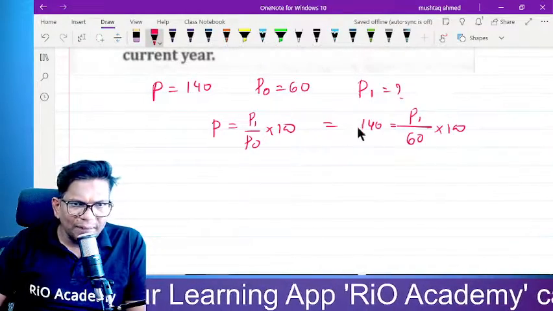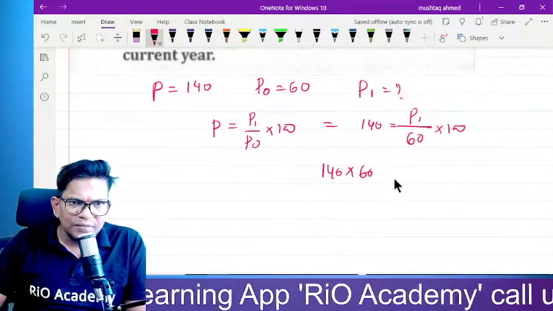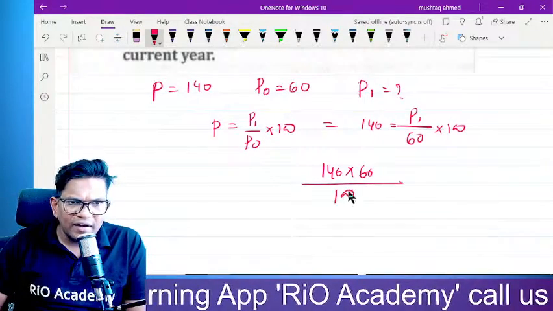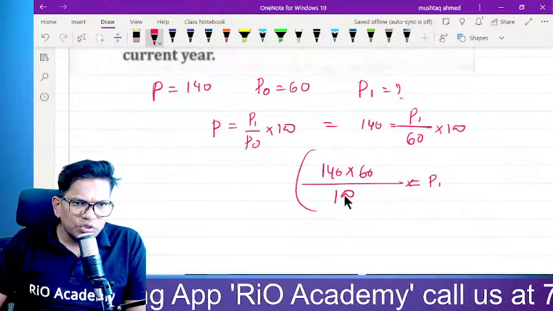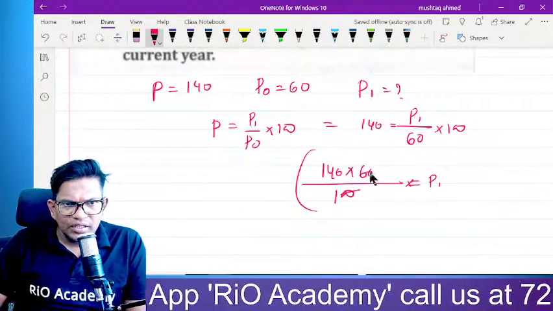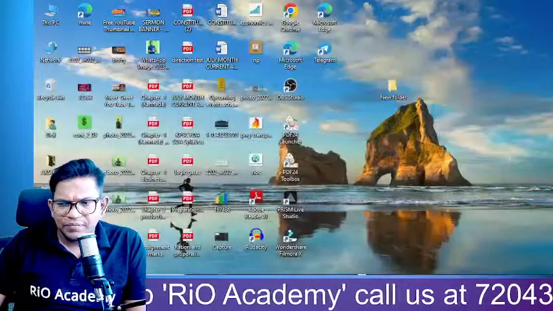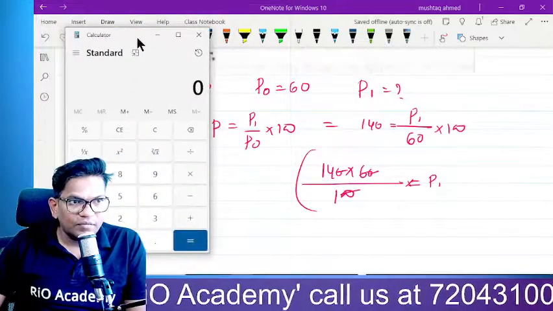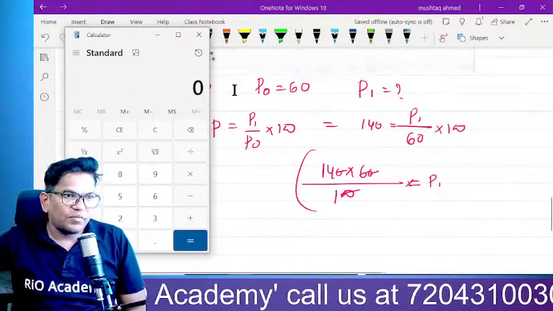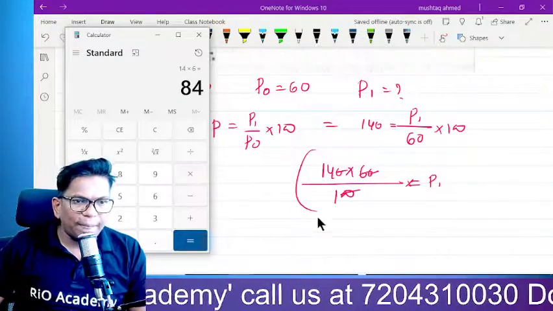If you multiply this to this, 140 multiply by 60 divided by 100 is equal to P1. The zero cancels, 14 into 6 comes 84.